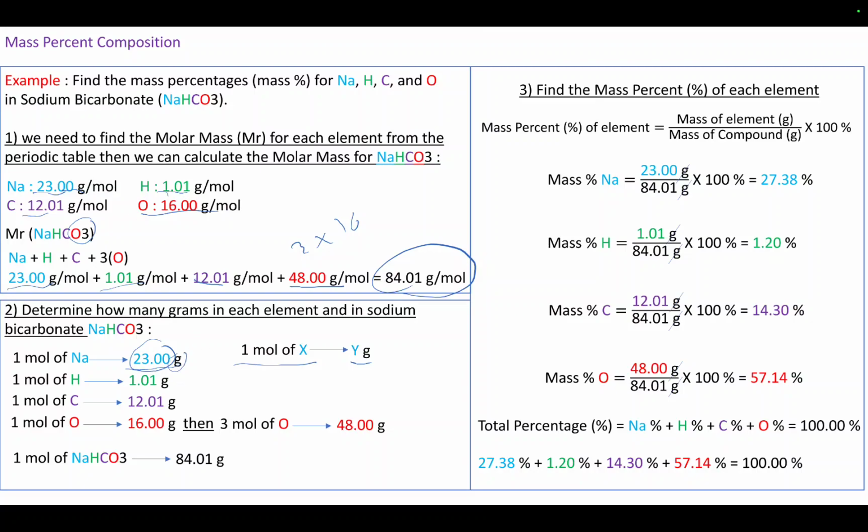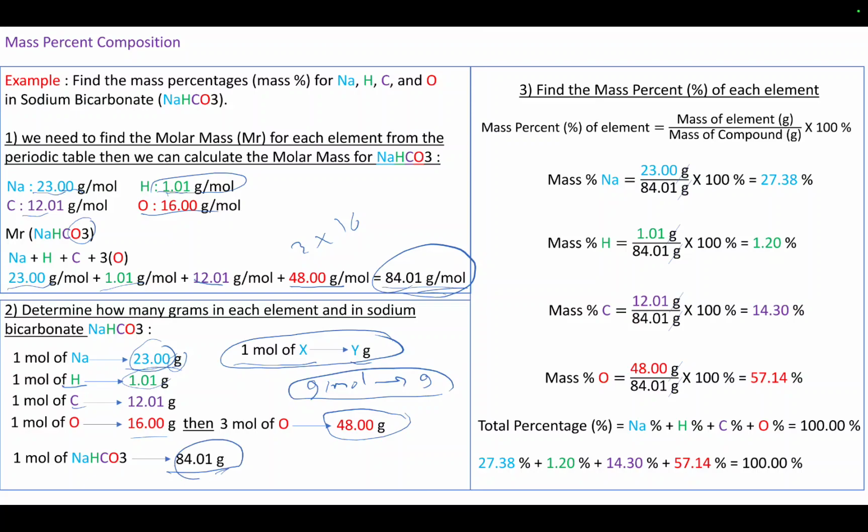So the idea of this step is to convert from gram per mole to gram. We can use this as a rule to convert from gram per mole to gram. The same for hydrogen: 1 mole of hydrogen is 1 gram, and the same for carbon and oxygen. Also the same for the sodium bicarbonate compound: 1 mole of this compound gives us 84.01 gram.